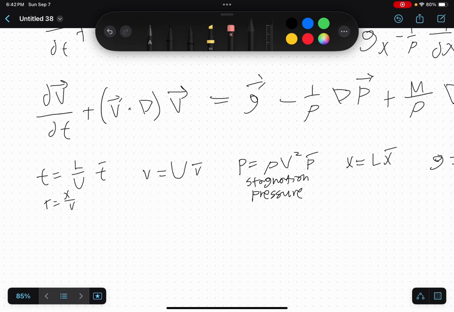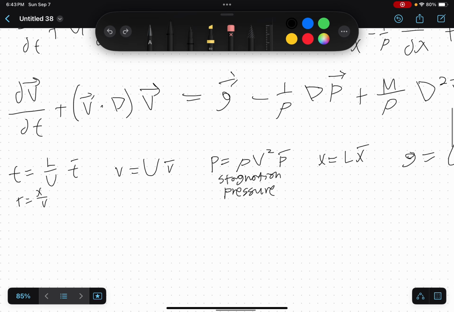So for example, with the velocity, you take the magnitude out. So you just call the largest velocity in the system u. And every other velocity in the system is a percentage of u, basically. So that's the easiest one.